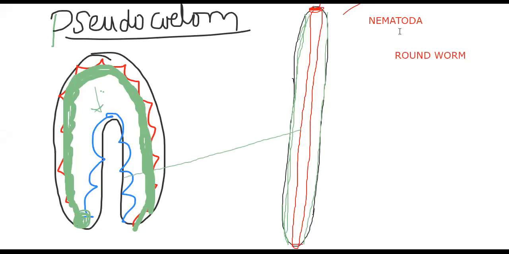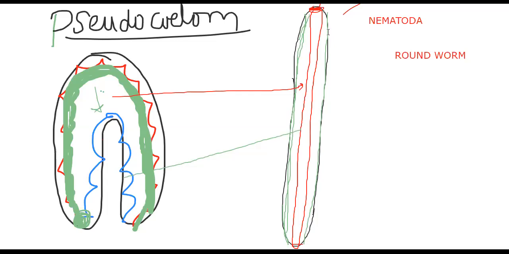And the cavity, we need to show this cavity, so I'll draw it a little thicker. The cavity is very important to be marked out. This cavity, which is present between the ectoderm and endoderm, is still there. What is that cavity?